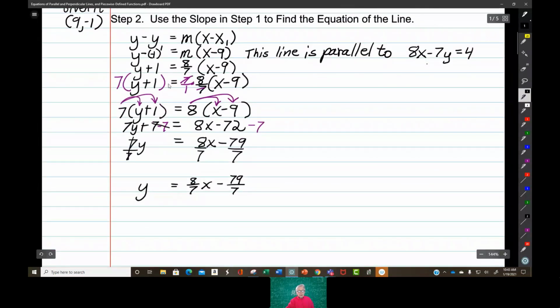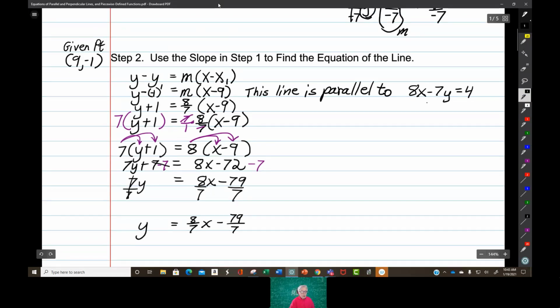Then you use the point slope formula to calculate the line parallel to the given line. And it goes through that given point, so I automatically know what x1 and y1 are. Questions about what I did?